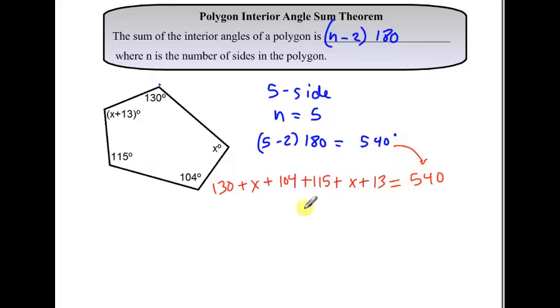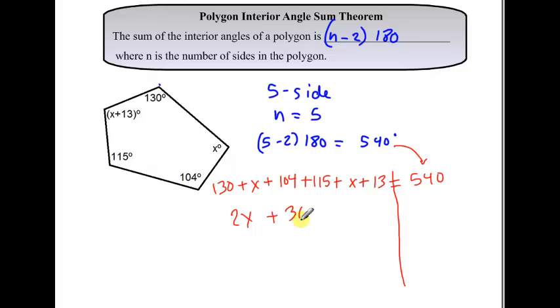All right, you know the name of the game here, combine these like terms. How many x's? I see 2 x's in that whole list. And now the big list of numbers, how much is all that together? 130, 104, combine it all. So I'm grabbing my calculator, 130 plus 104 plus 115 and 13. That makes a combined total of 362.